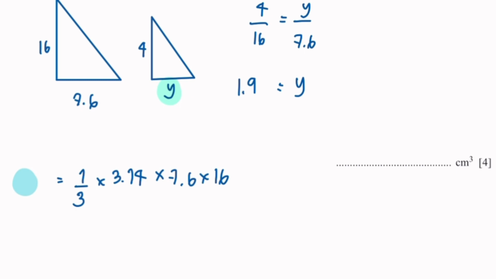And for the small solid cone, the purple one, equals 1/3 multiply pi multiply radius squared, which is 1.9 squared, multiplied by 4, which is the height.